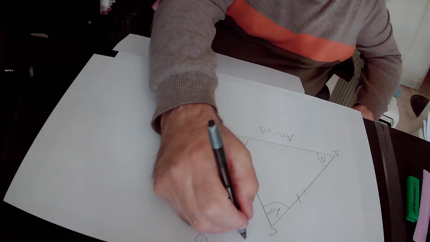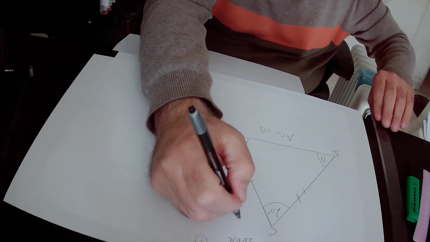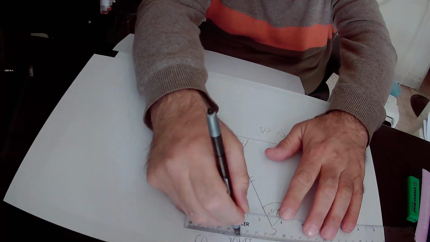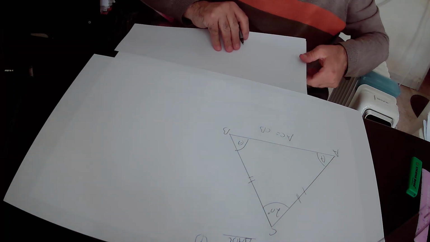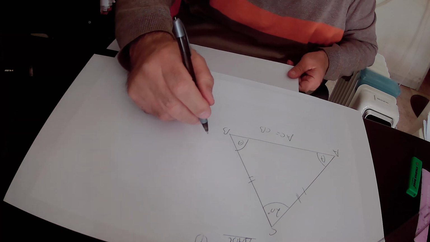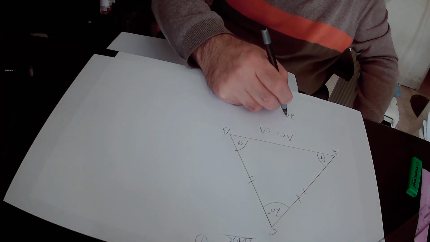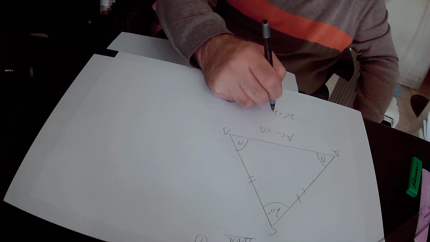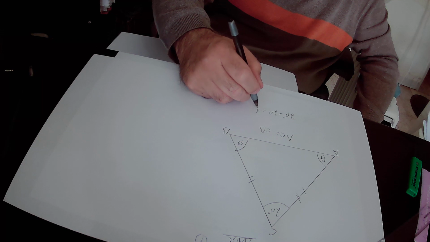The sum of the angles in this triangle ABC must be equal to 180 degrees, according to the rule that the sum of the angles in any triangle is 180 degrees. So 20 degrees plus theta plus theta is 2 theta. In total, they must equal 180 degrees.